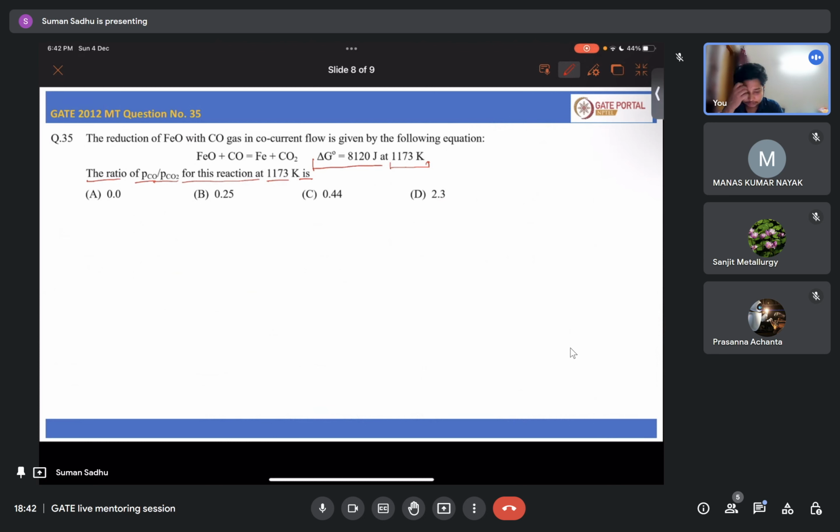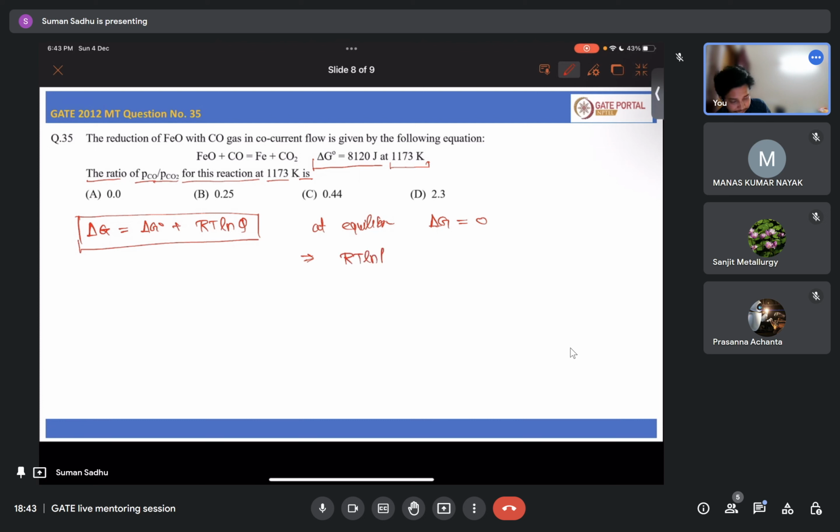So Q will be K, which is termed the equilibrium constant. So it will be RT ln K plus delta G naught is equal to 0, or you can write K is equal to exponential of minus delta G naught by RT, right? So K is the equilibrium constant, that is okay.